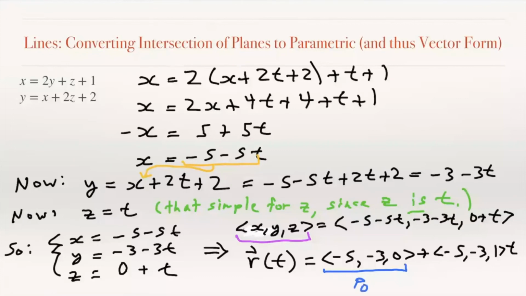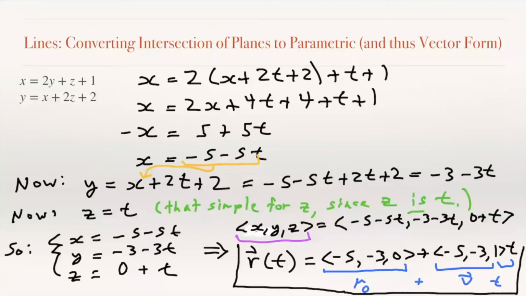So that is r naught, as we called it, plus a v t. So that is the parametric equation of the line that is the intersection of these two planes.